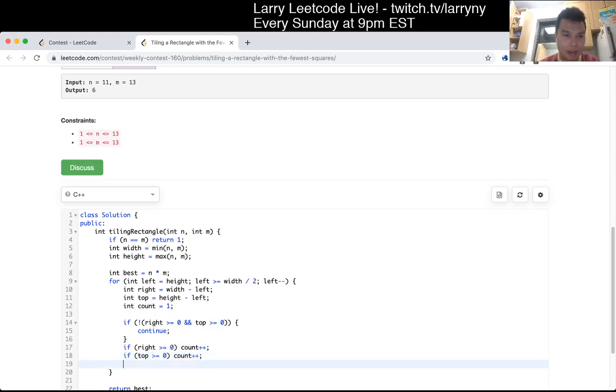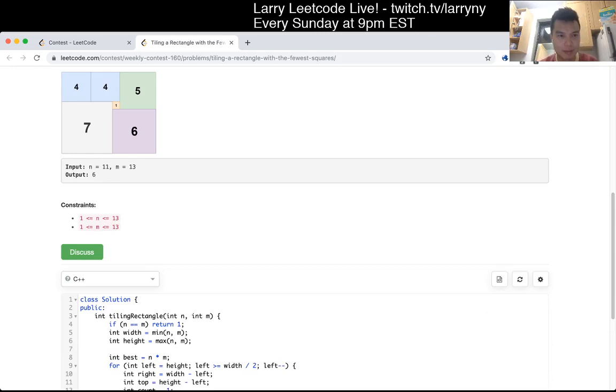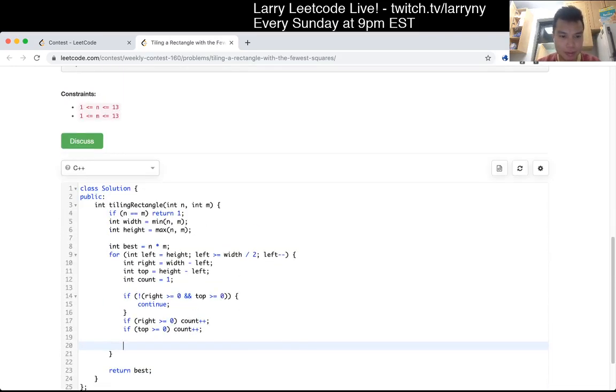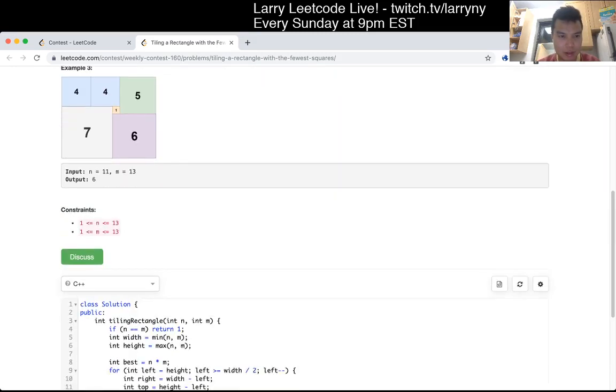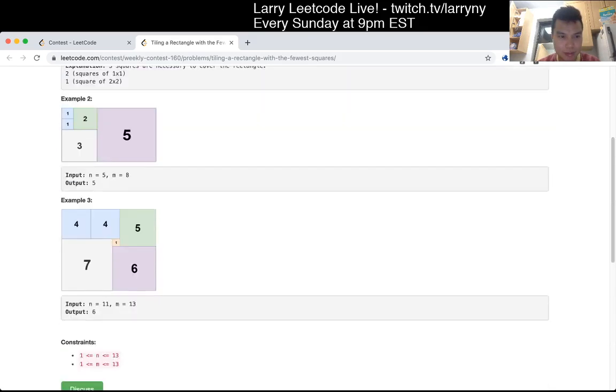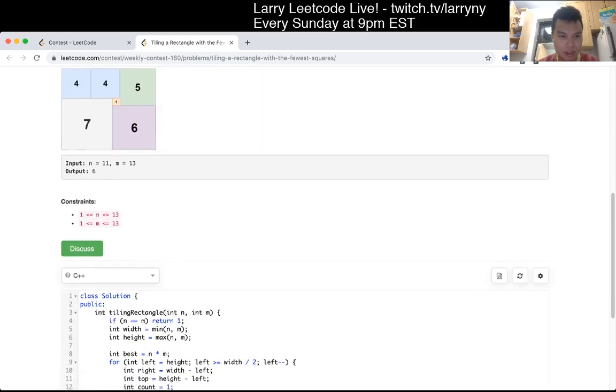Maybe even have the right corner. So now the other corner will have height minus, right? I wonder if you could always just do something like, I don't know.